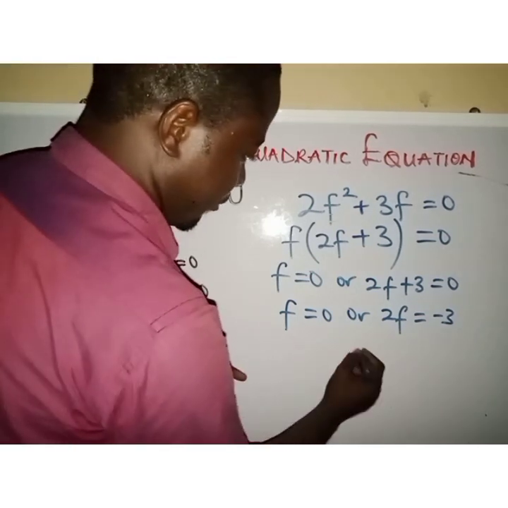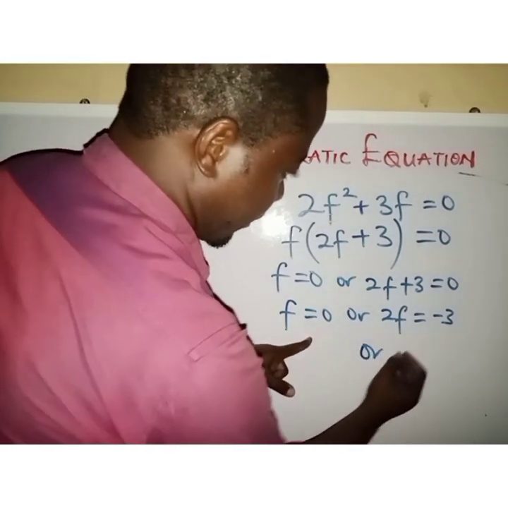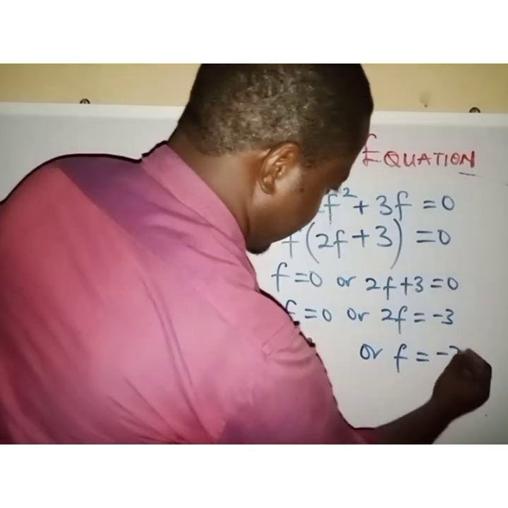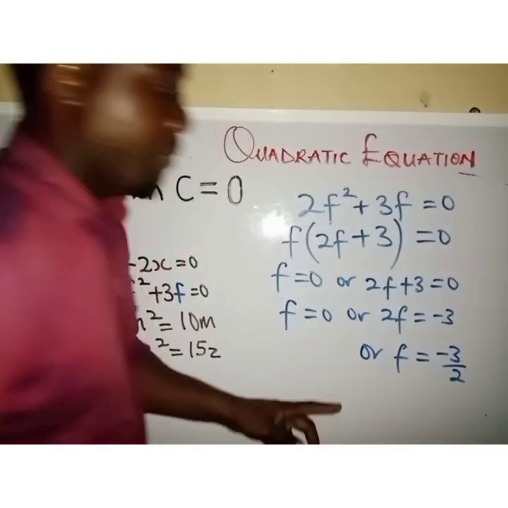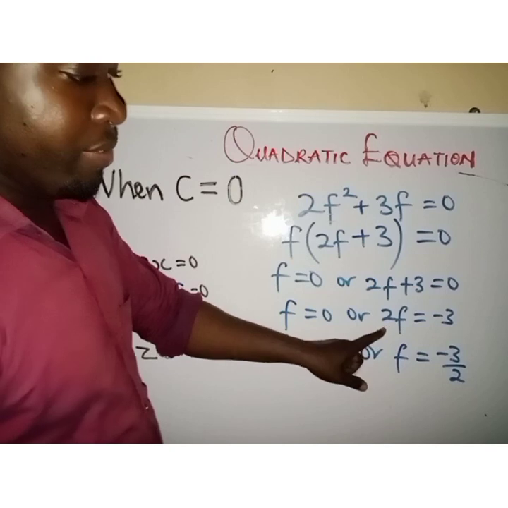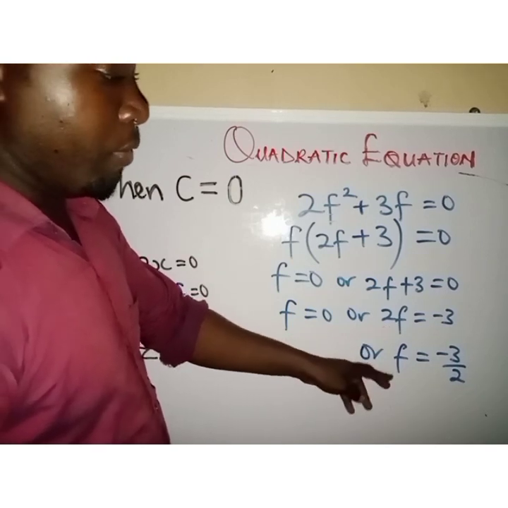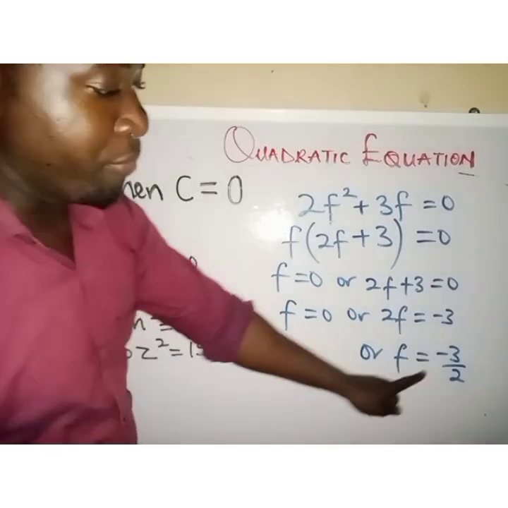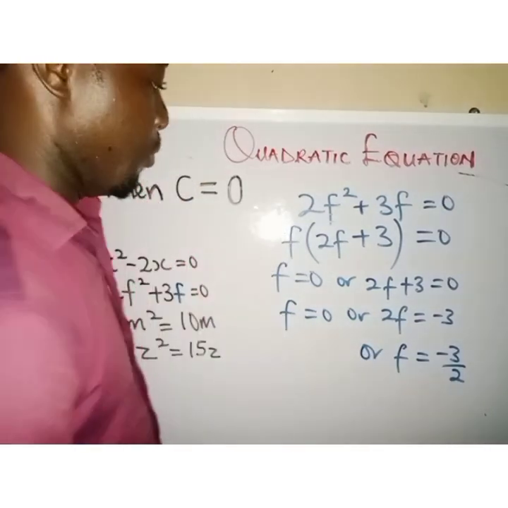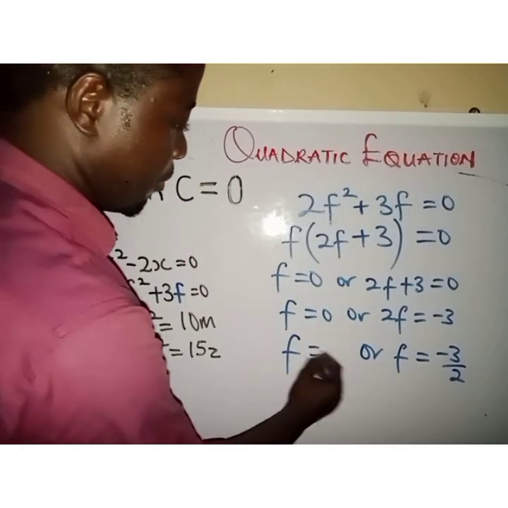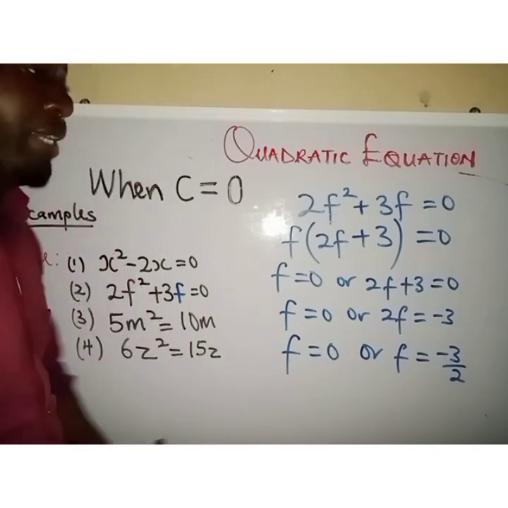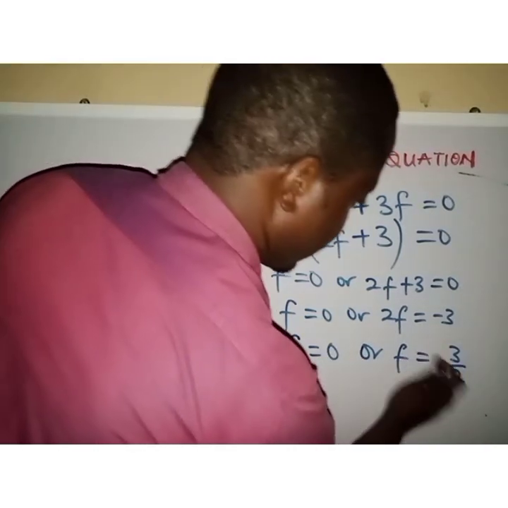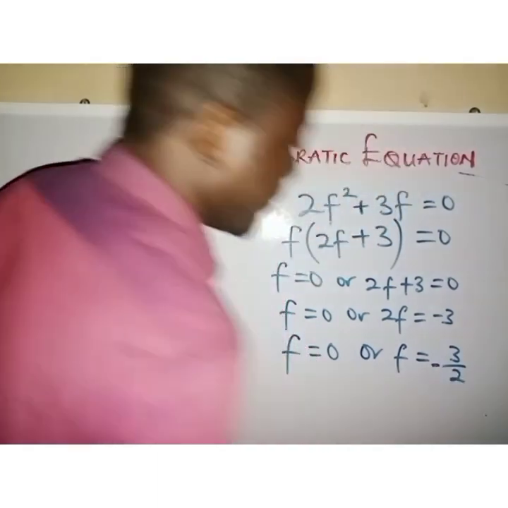Then we have f equals 0 or f equals minus 3 all over 2. You divide both sides by 2. So that's going to be 2f all over 2 equals minus 3 all over 2. Then we have f equals minus 3 all over 2. So f equals 0 or f equals minus 3 all over 2.